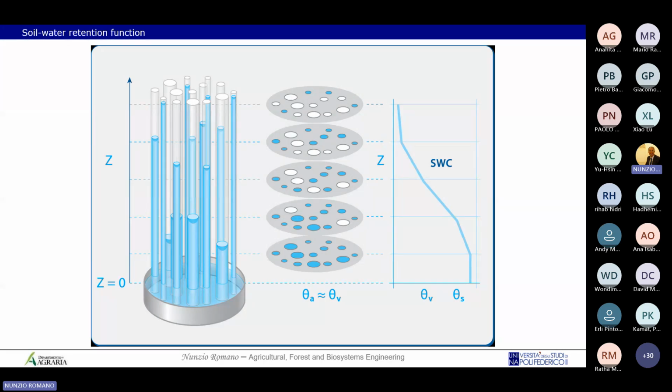They have different capillary rise, different elevation of water in the tube, and this means that the amount of water that the soil can retain is different depending on the distribution of this bundle of capillary tubes. So this is a very simple explanation of the pattern of the water retention curve from saturation condition to the dry condition.